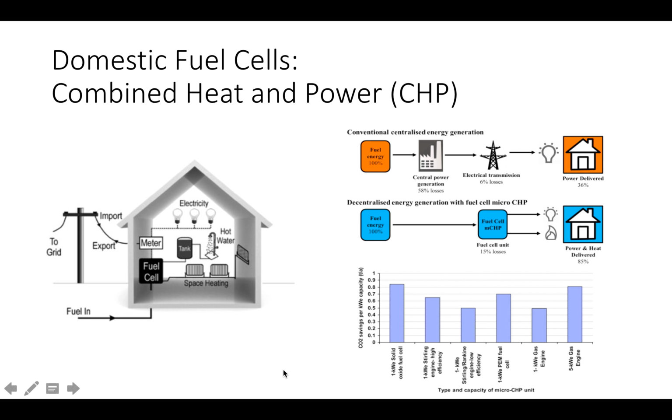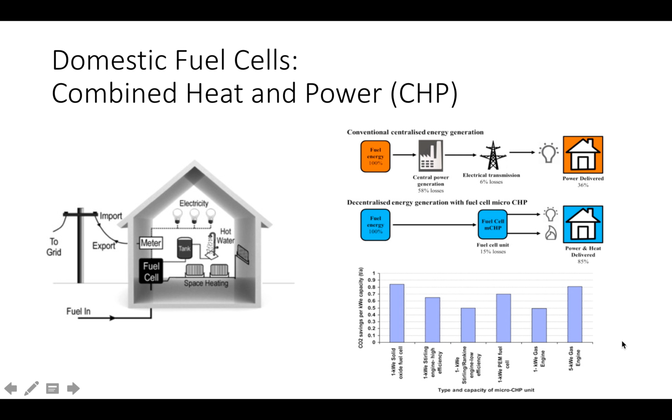And in the graph you can see on the left side here, just 1 kilowatt of solid oxide fuel cell has a greater carbon dioxide savings per kilowatt capacity than, for example, a 1 kilowatt Rankine cycle or even a 5 kilowatt gas engine.